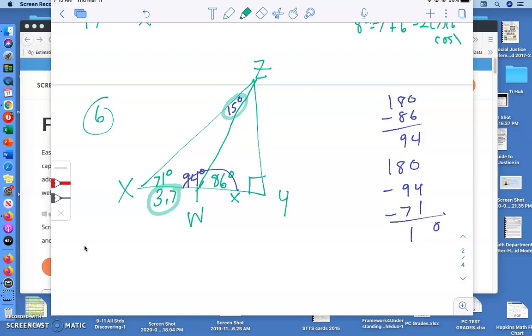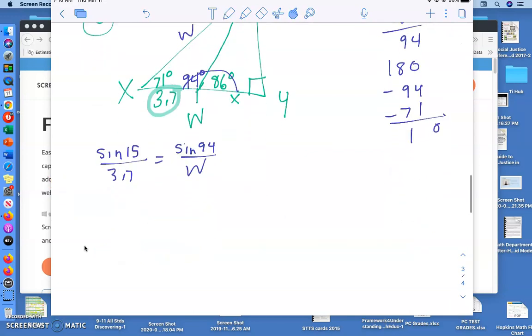So I could find all sorts of sides to a triangle. Maybe I want to find, I'll call this W. So I could set up a law of sines. The sine of 15 over 3.7 equals the sine of 94 over W. And we could solve, so W times the sine of 15 equals 3.7 times the sine of 94.